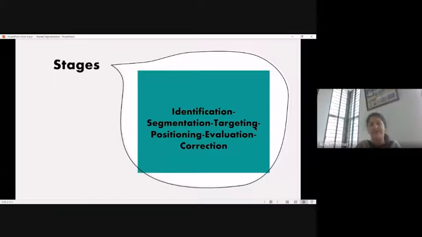The next stage, the fourth stage in market segmentation, is positioning it before them. Now, when Zomato went into grocery, the first way was advertising it through the Zomato app itself.